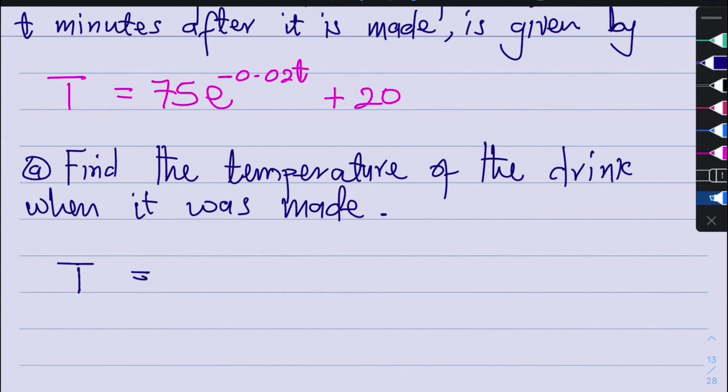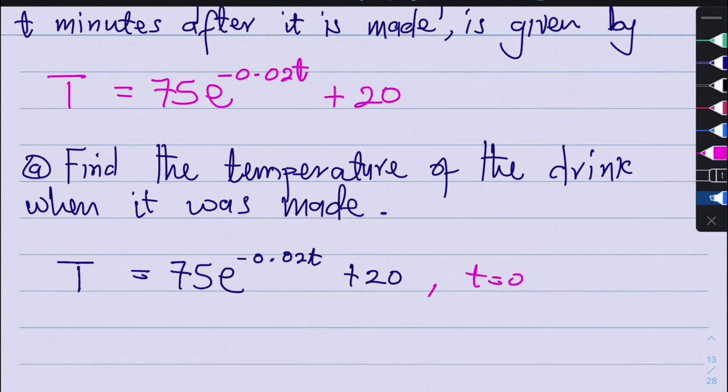The formula comes with a t in it, where t is the minutes. When you make that drink, time is 0. You just made it, so we can say that t must be 0, and if t is 0, just put 0 there.